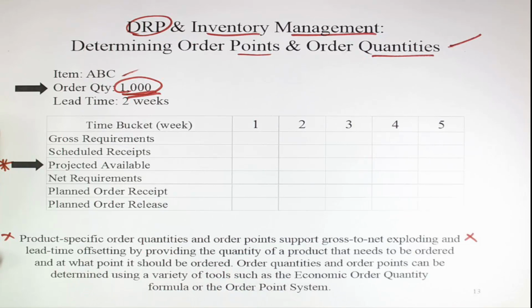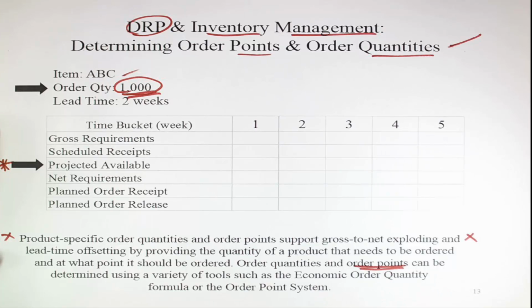Not necessarily at what point in time, although that's very important. That's a lead time offsetting issue. But at what point in the consumption of our existing inventory do we allow that inventory to deplete from 1,000 units down to 200? At what time do we generate an order?